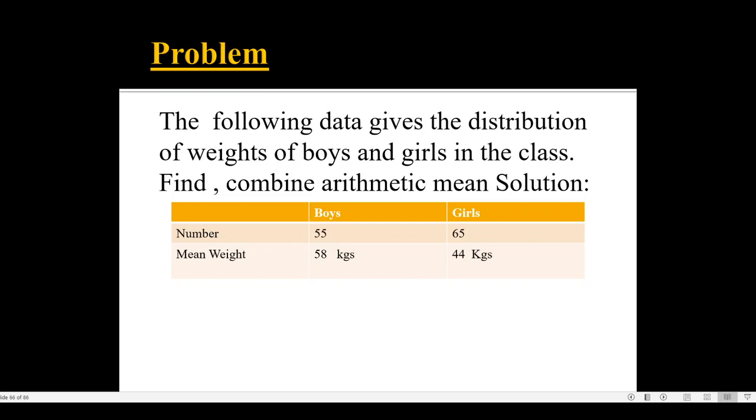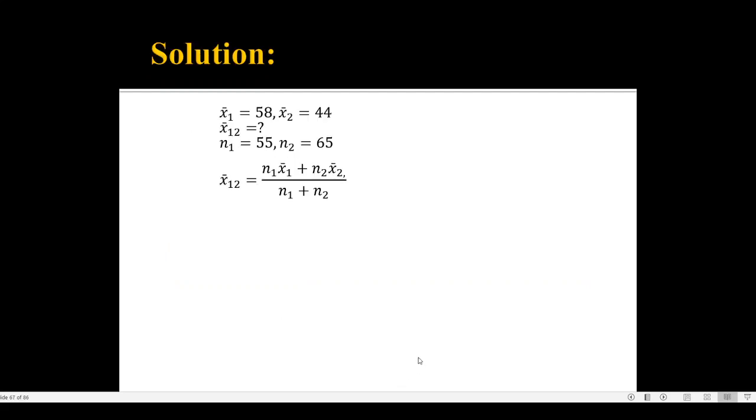Then the mean weight of boys, we consider variable x1 for boys. The mean weight of boys is x1 bar is equal to 58. For girls we consider variable x2, therefore the mean weight of girls is x2 bar is equal to 44. These values are given. Here we have to find x12 bar, which means combined mean.